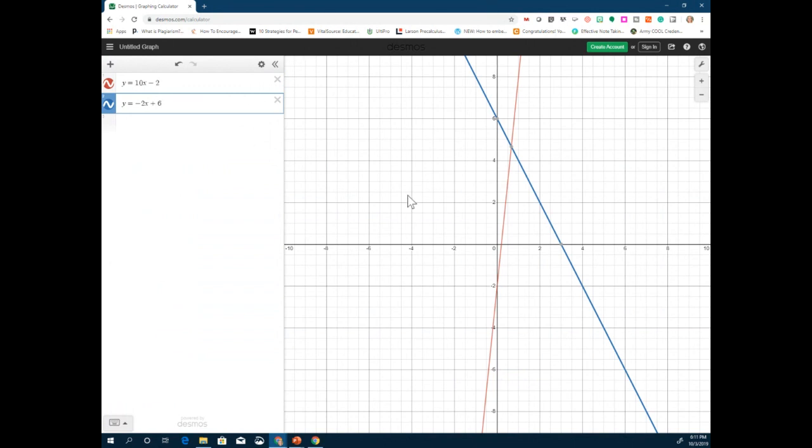Okay, so you can see that they intersect. And then I'm going to look at that intersection point, and it says it's 0.667, that's 2/3, and 4.667, which is 14/3, rounded. So the point where they intersect matches with my answers. My answer is exact, this is rounded, and so that means you've done it correctly.